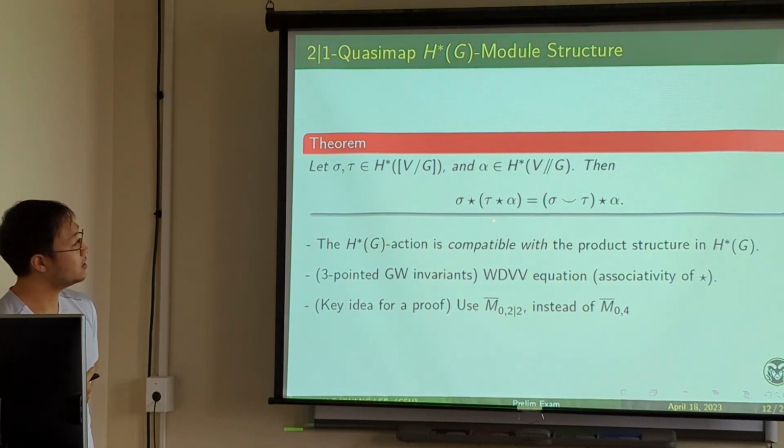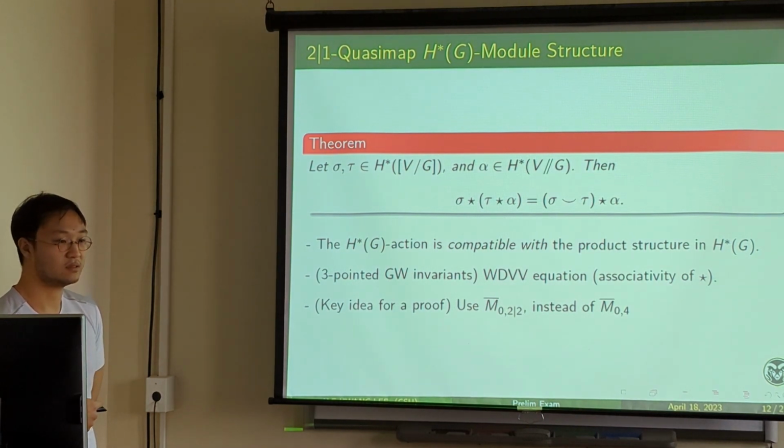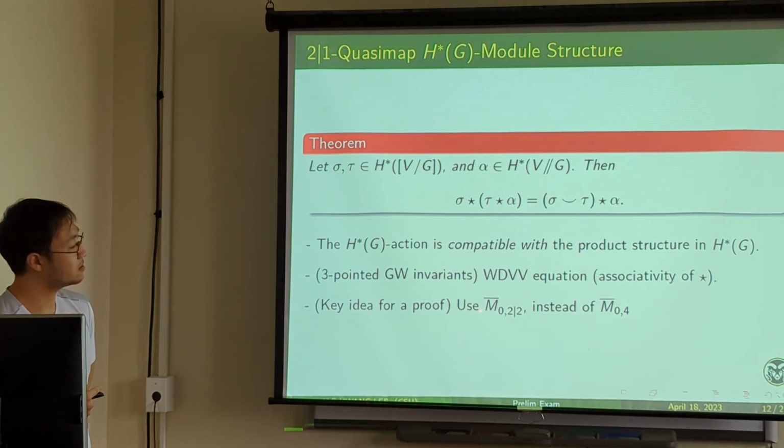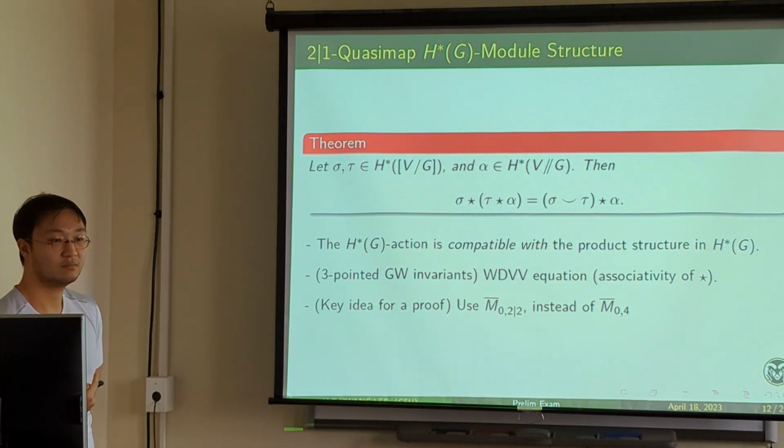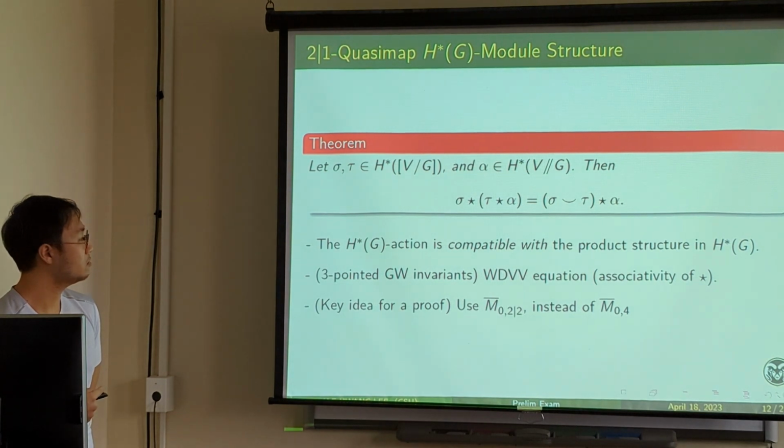But in our case, we're going to land on M-bar 0,2-bar 2, which is the lowest common space. These two spaces are isomorphic to P1, and we can use the fact that all points induce the same class in P1. So we use that fact to prove this.